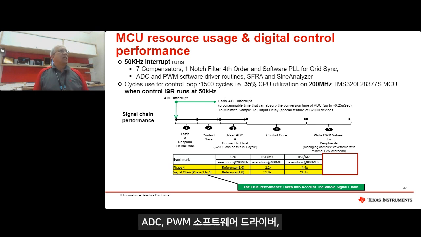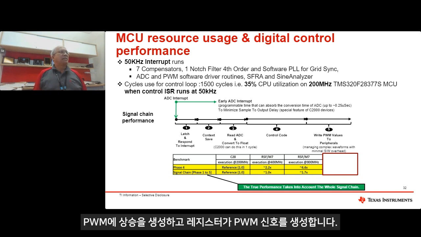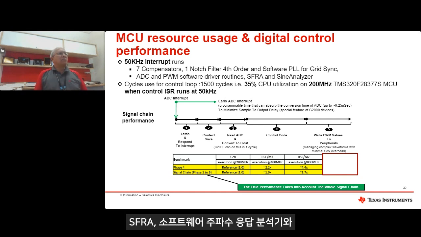It also had the ADC PWM software drivers that read the ADC registers and write to the PWM registers to generate the PWM signals, plus the SFRA, software frequency response analyzer, and the sign analyzer.